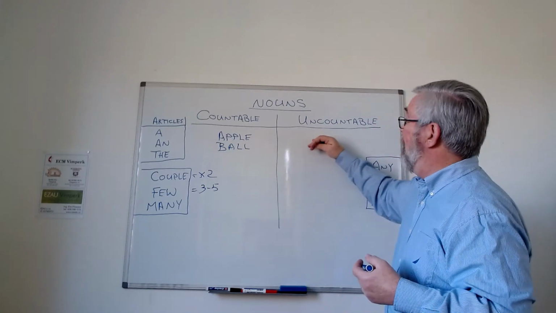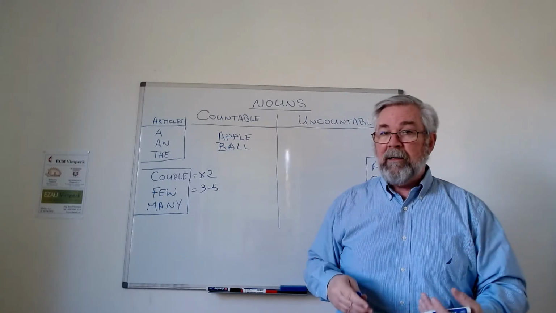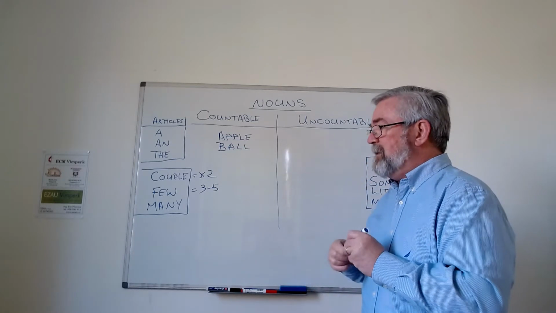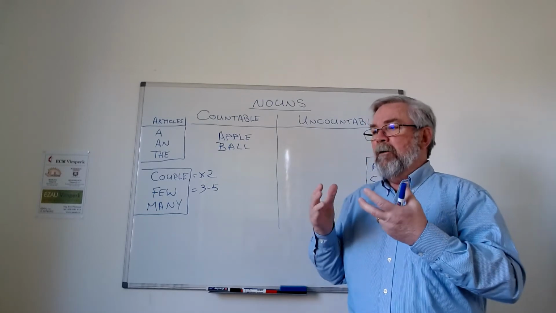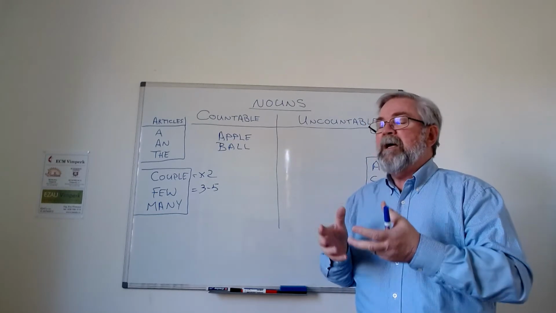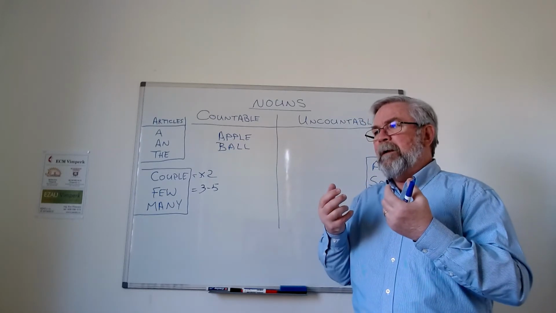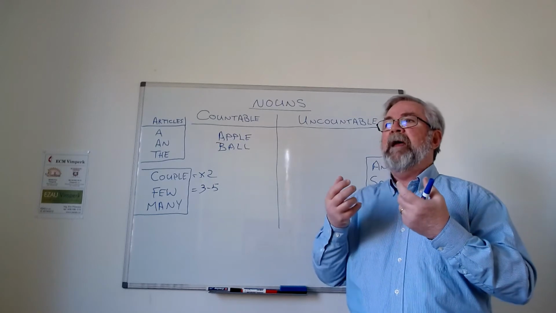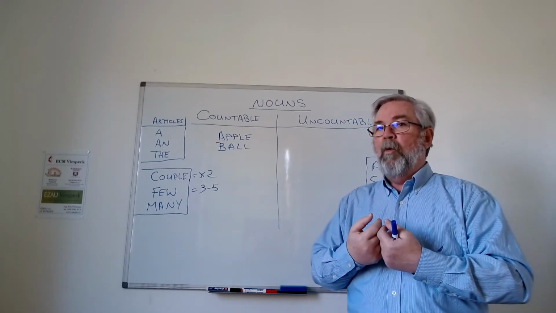Now let's go to uncountable. What makes a noun uncountable? Well, just because of how the substance of the noun is, it doesn't have a specific quantity. For example, water.